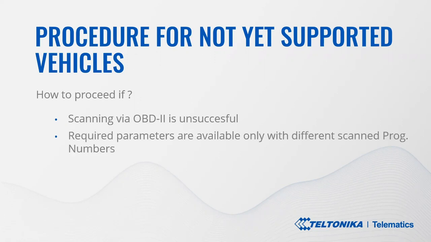If the required parameters are available only with different scanned program numbers, there are scenarios where one specific program number has a batch of parameters which are required, and another has the other parameters, so we can simply do software changes.